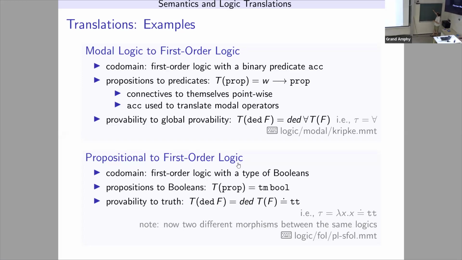So we extend this with a theory of Booleans. Remember, in typed first order logic, we have things like TP colon type, TM, TP to type. We just declare the type of Booleans.